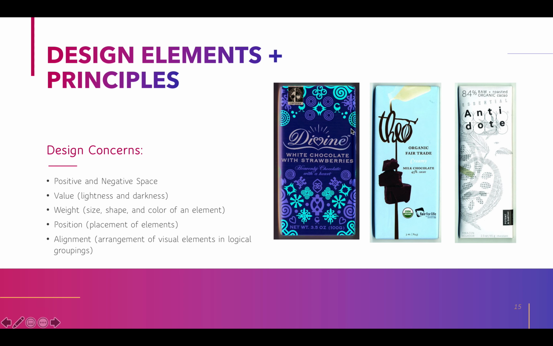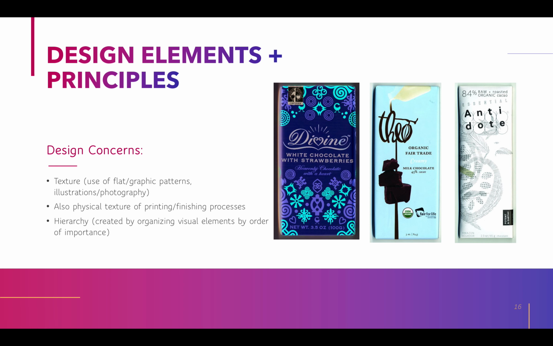So, those logical groupings, we have the main information here, and then at the bottom we have the net weight information. So logically grouping pieces of text as well as elements, thinking about that logical grouping and alignment, the Fairlife mark and the USDA organic, those two are paired together because it makes sense for us to group those items together. Thinking about grouping, organic fair trade, creamy milk chocolate, right? Those things make sense being grouped together.